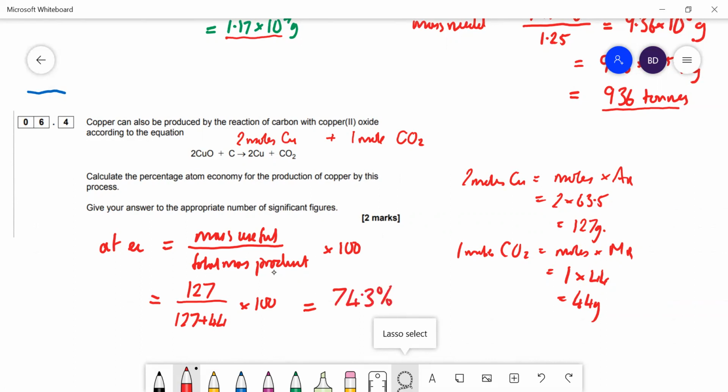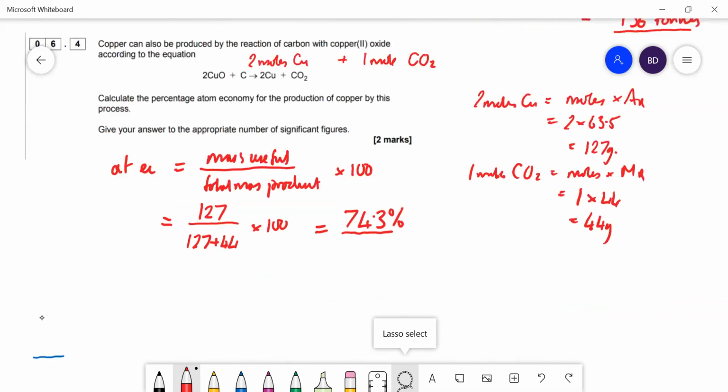That's the correct number of sig figs because all our atomic masses are given to 3 significant figures, so we should give our answer to 3 significant figures. Okay, so atom economy GCSE calculation really.